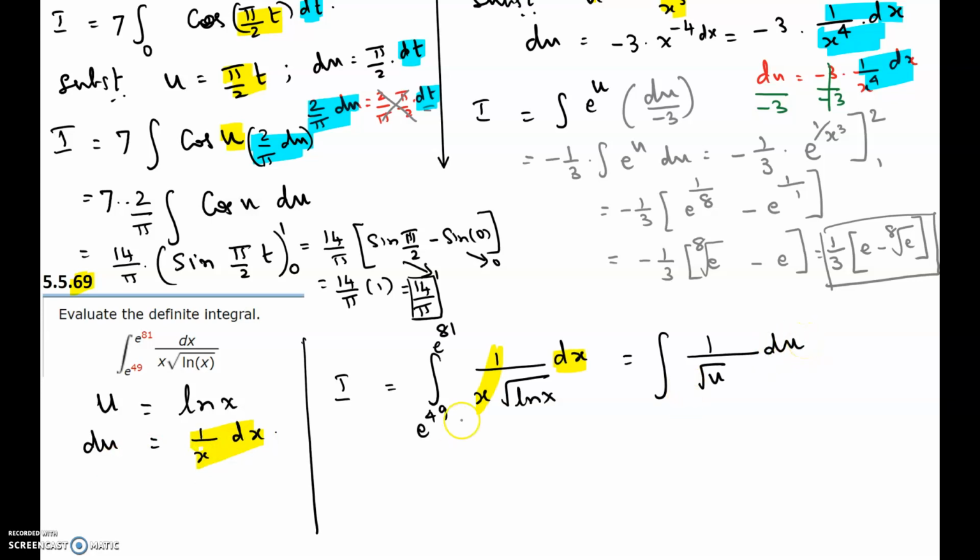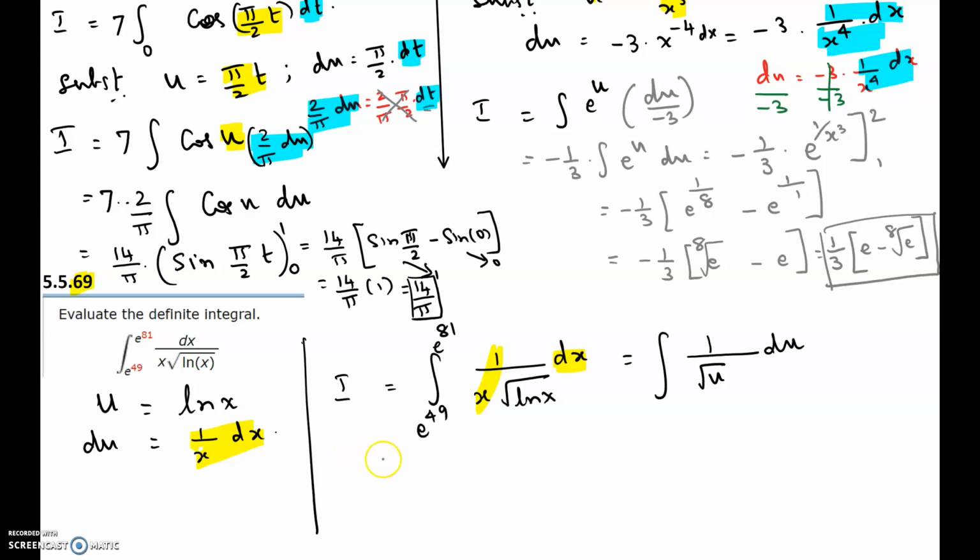For now we can leave the limits alone because the limits are for x. Either that, or we have to change the limits for u, which is ln x.